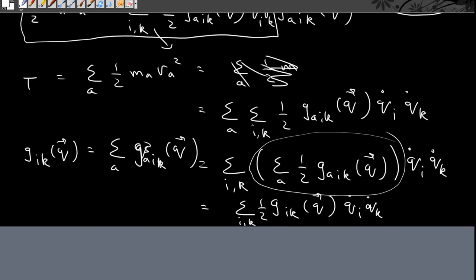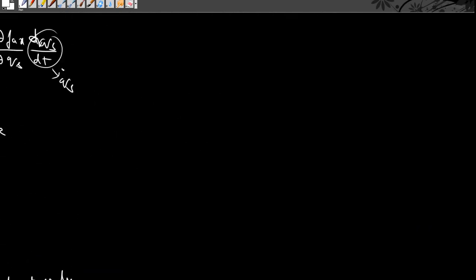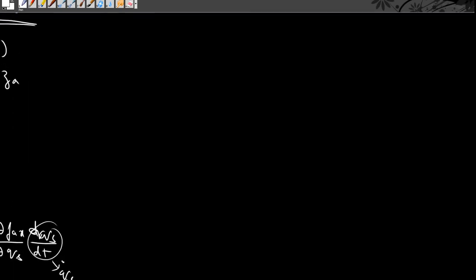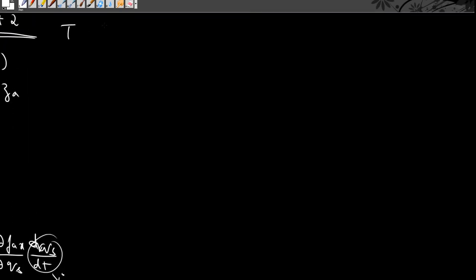Okay, so finally what do we have for our T, the form of T? The kinetic energy T is finally of the form given by half summation over i,k of g_ik(q) qi dot qk dot.